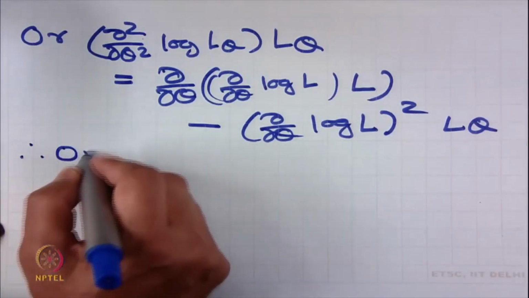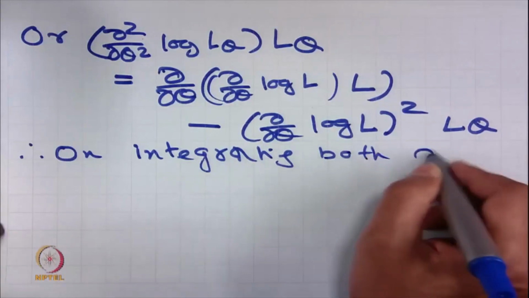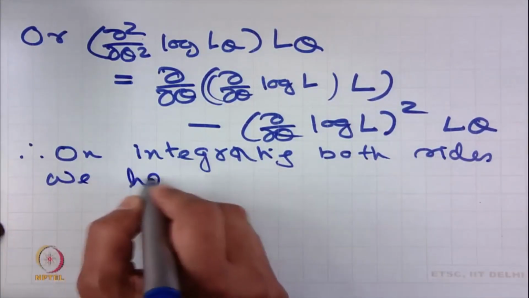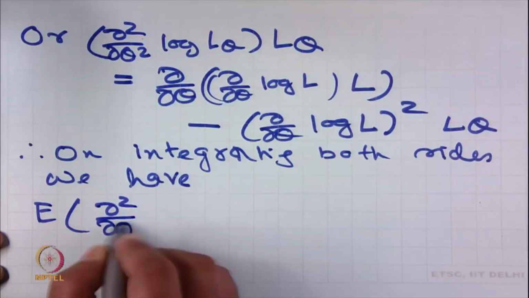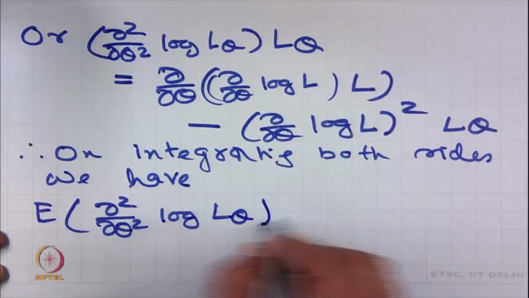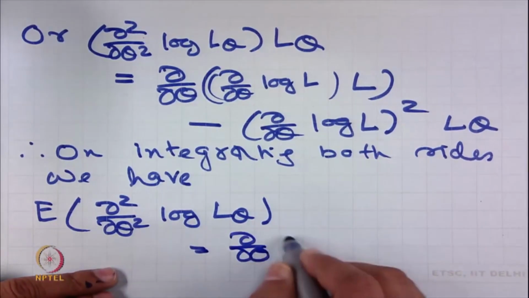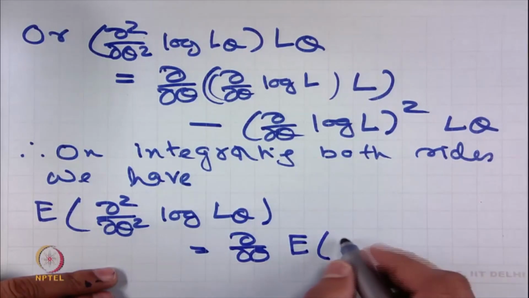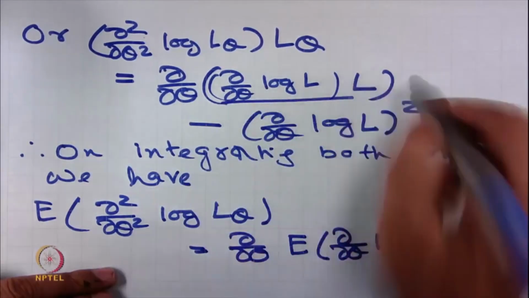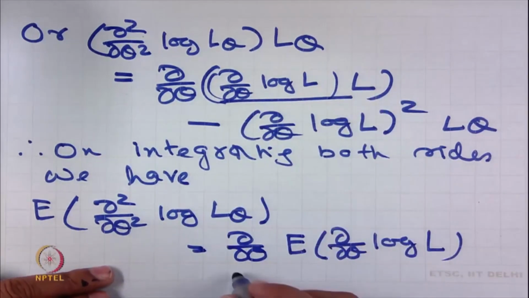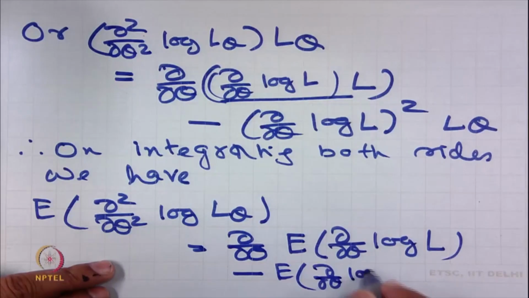Therefore, on integrating both sides, we have expected value of del square del theta square log of L theta is equal to del del theta of expected value of del del theta of log L. I am integrating with respect to the PDF, therefore, I get expected value of that one minus expected value of del del theta log L whole square.